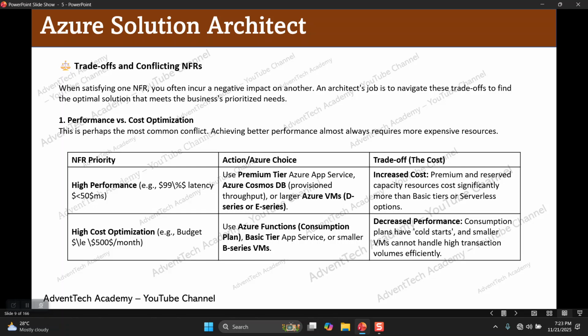If you use this basic tier web app or smaller VMs, it will affect the performance. It will lead to decreased performance. So consumption plans have cold starts and smaller VMs cannot handle high transaction volume effectively. So there is always a trade-off and conflict in implementing NFRs.